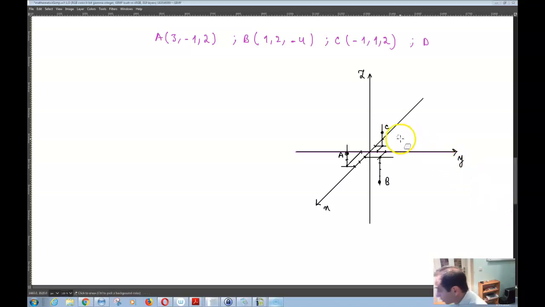So then you have point C over here, point B over here, point A over here.